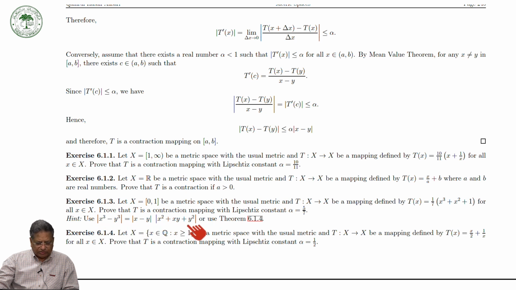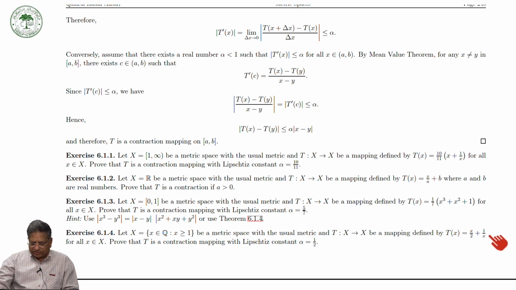So you can use this identity, or you can use the previous theorem. Then you can prove that this map T is a contraction mapping. Similarly, suppose you have X equal to the set of all rational numbers greater than or equal to 1 with the usual metric, and T is a mapping defined as Tx equal to x upon 2 plus 1 upon x.